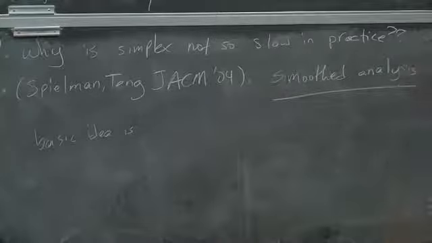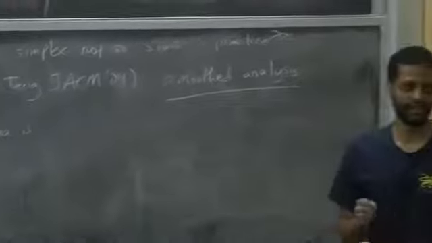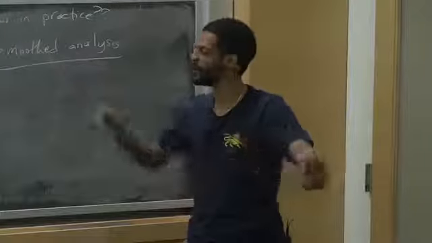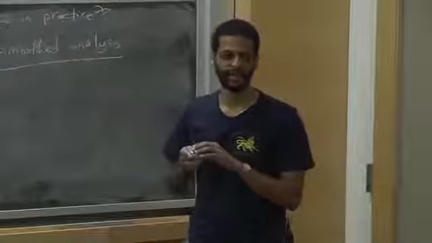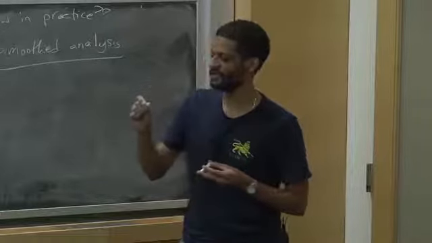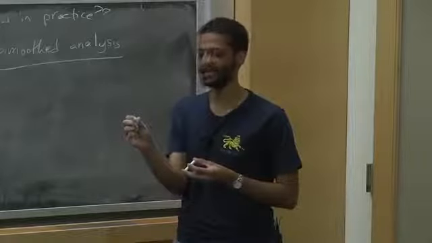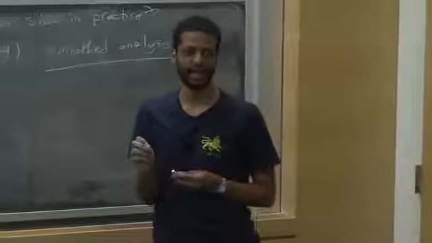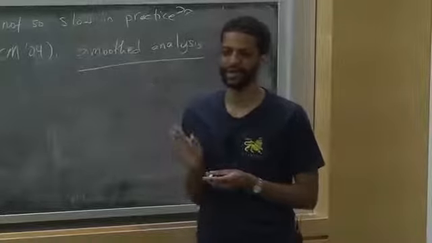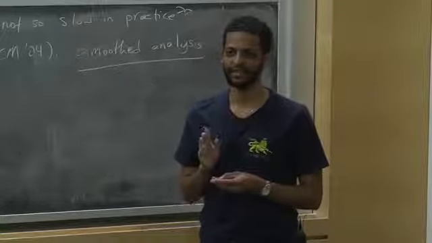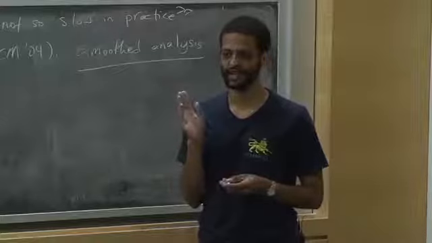So smooth analysis is something in the middle. The basic idea is, my algorithm has to be fast in expectation on the following kind of input. You give me a worst case input, like a worst case LP, for example. And for every entry in that constraint matrix A, every entry in the right-hand side vector B, and in the cost function, I'm just going to add random noise, like Gaussian noise, with mean 0 and very small variance.